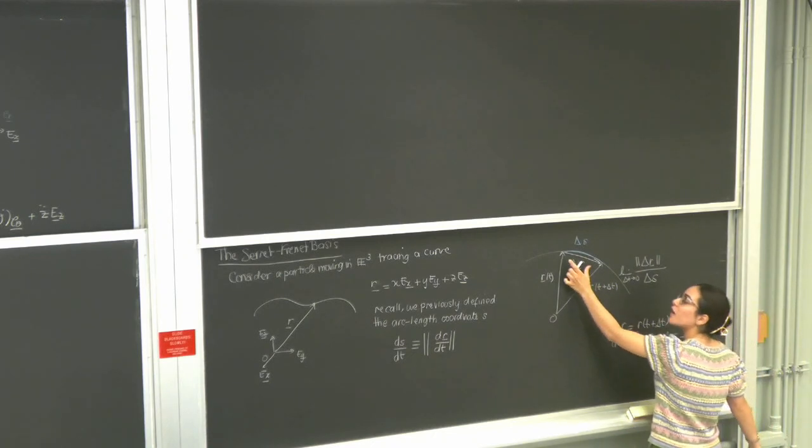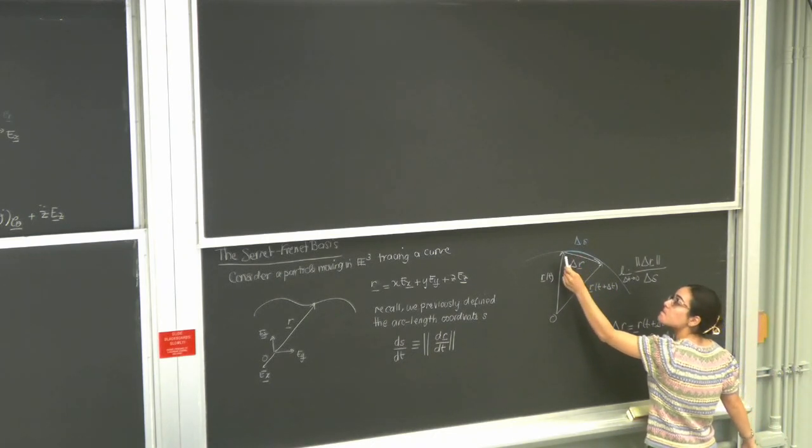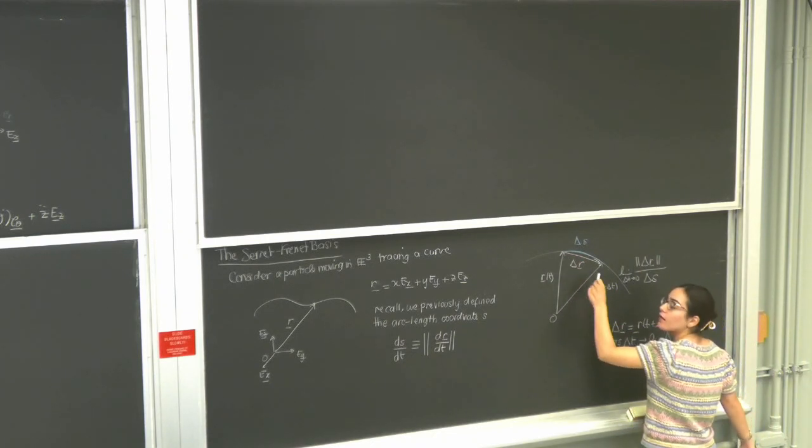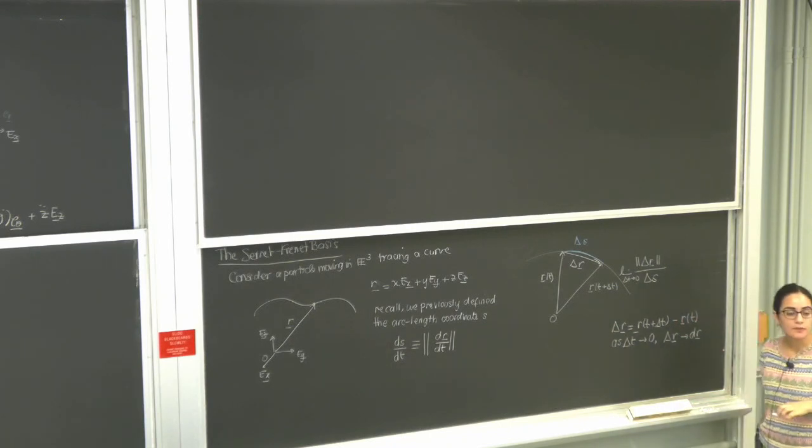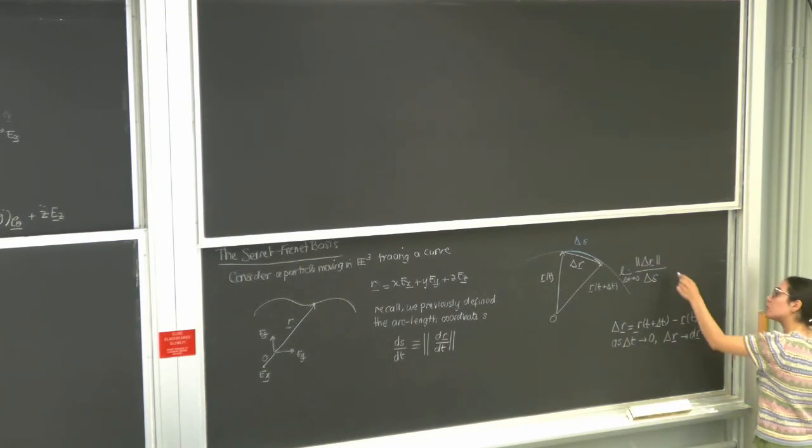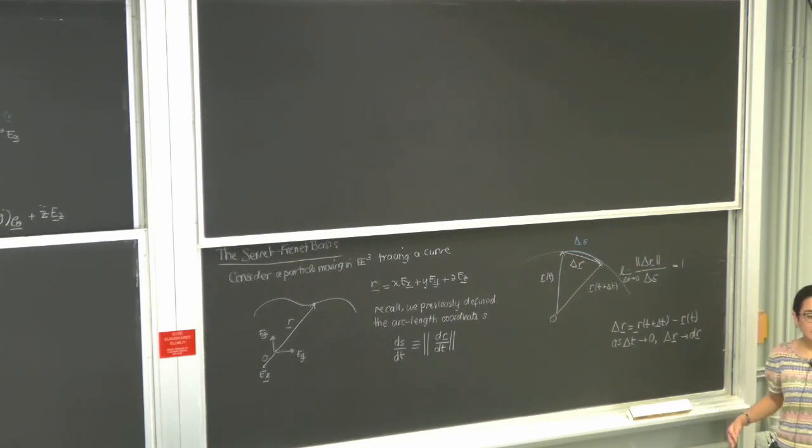As this becomes very small, the magnitude of delta r is going to equal delta s. So the ratio is going to be equal to 1. The magnitude of delta r is going to be equal to delta s. Both of them are going to go to 0 separately, but the ratio is going to go to 1. They're going to become equal. Okay? And delta r is also going to become tangent to the trajectory.